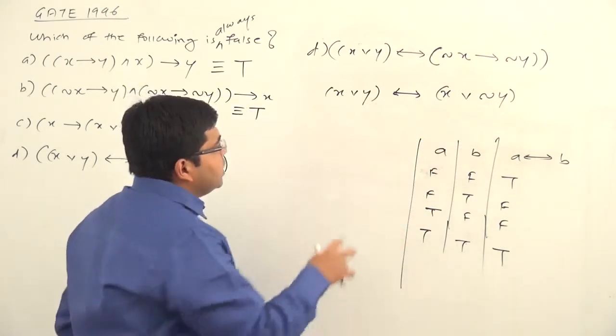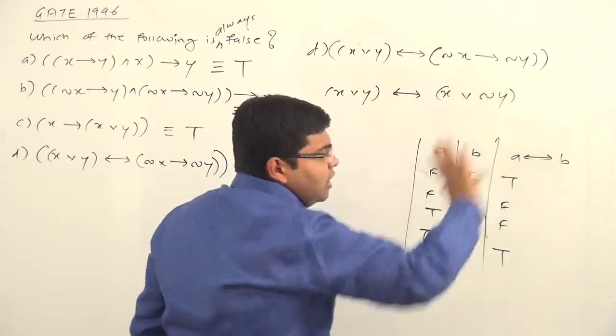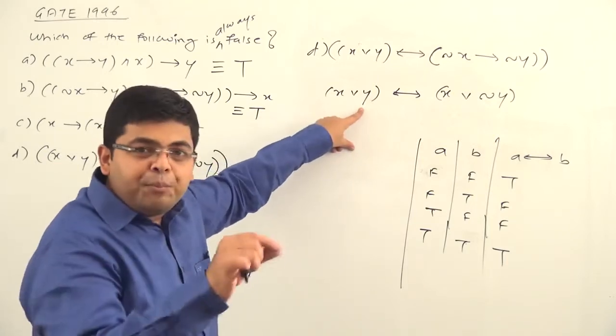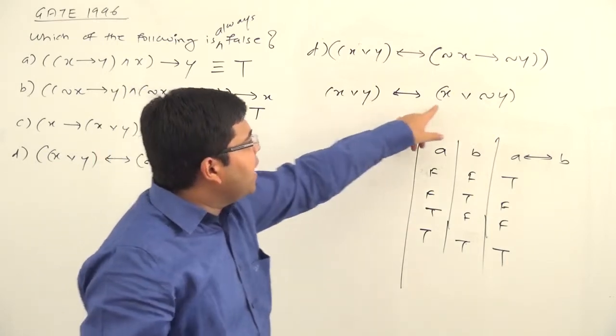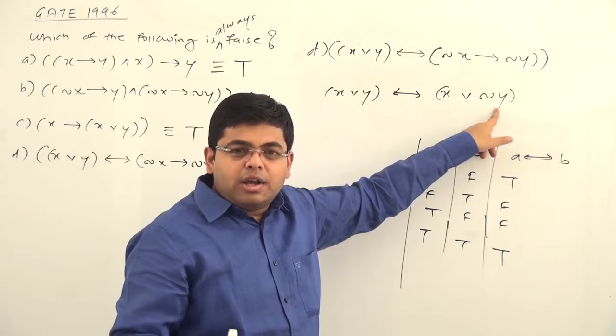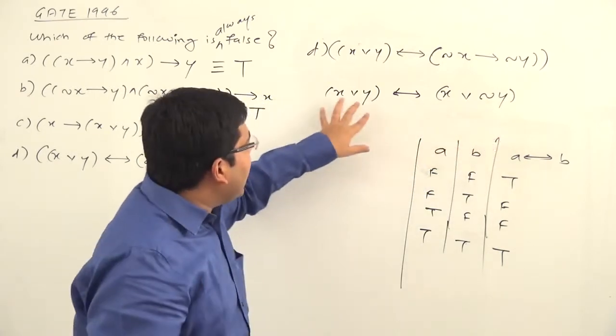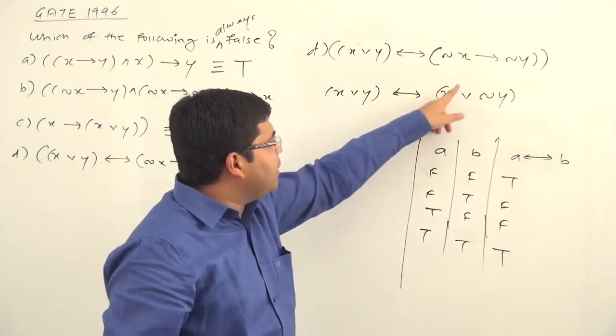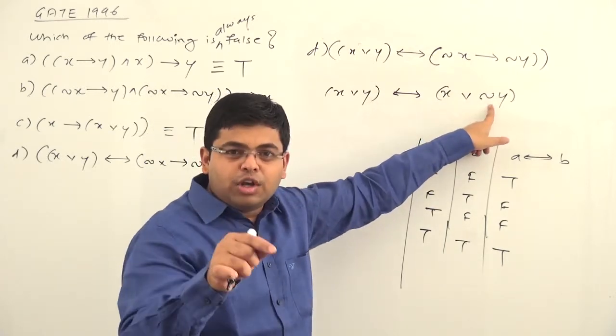Ultimately we are trying to say that these two formulae are the same. But my simple question to you is, are these two formulae the same? Obviously not. x or y cannot be the same as x or negation of y.